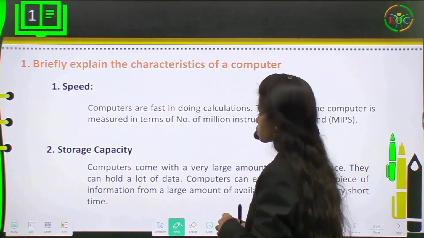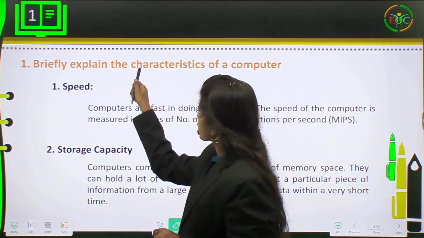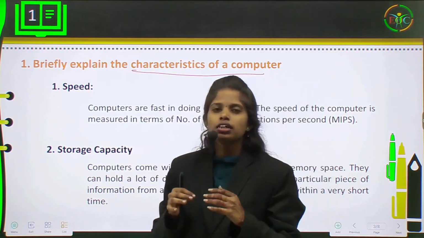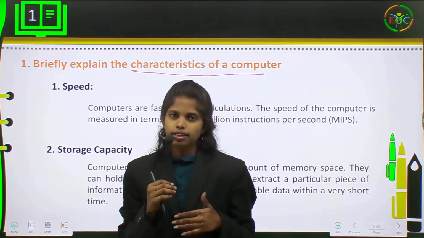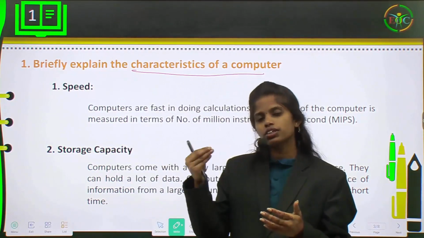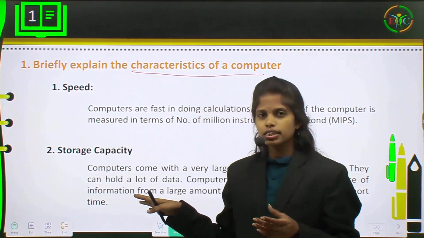So the first question is like this: briefly explain the characteristics of a computer. You can first list out the characteristics, then take each one of the characteristics and explain it in detail.